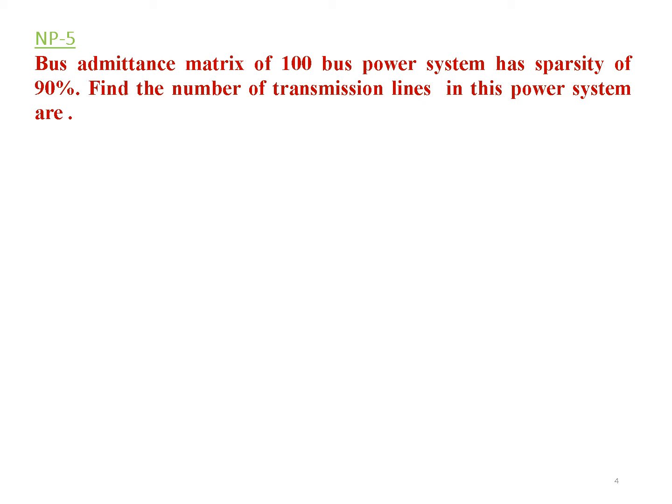So in this problem statement, they mention that sparsity is 90%. Sparsity is 90% means number of zero element in Y-bus matrix is equal to 90% of the total element.